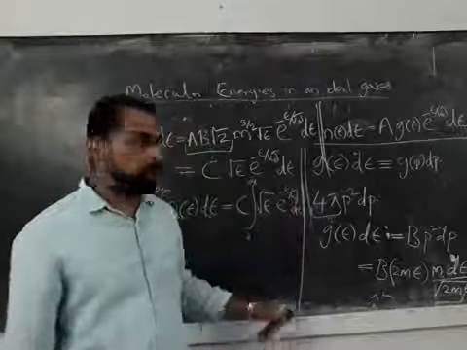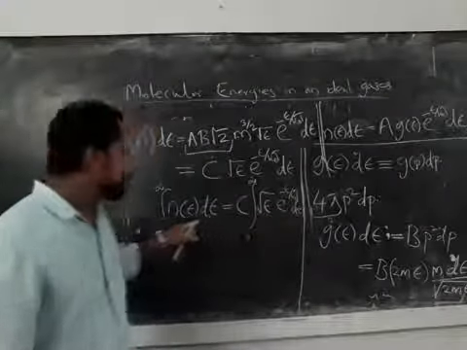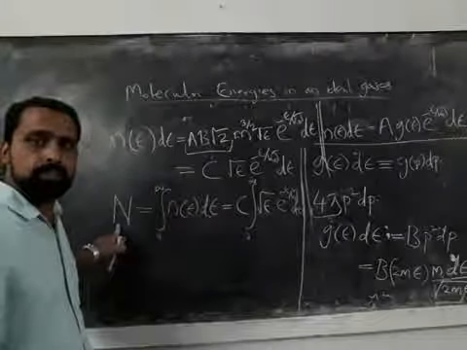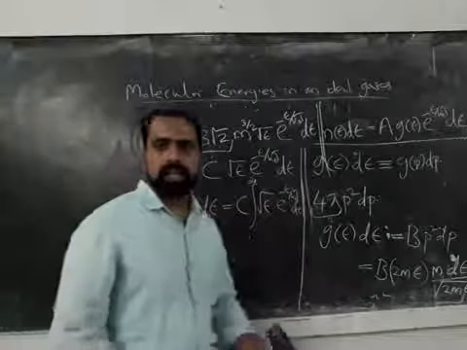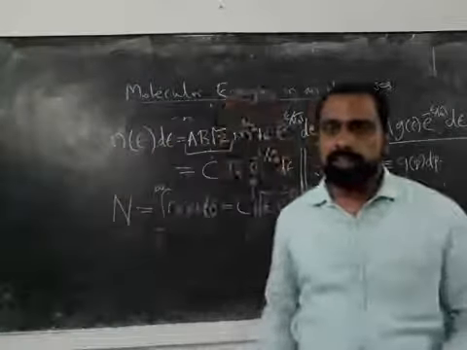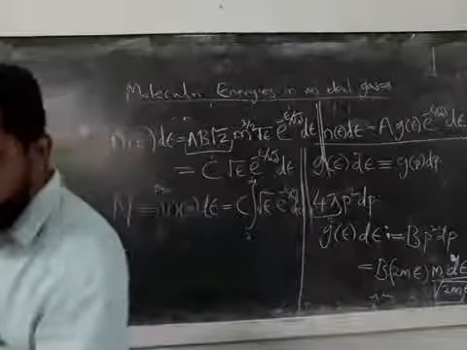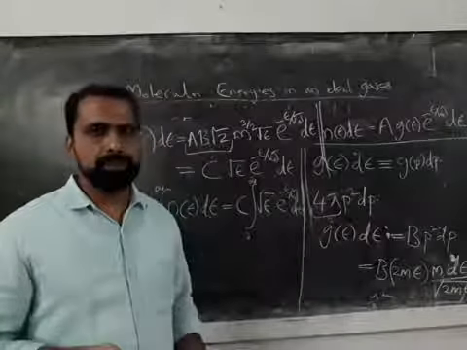If you know the integral of this, you will get the value of c, because N is the known total number of particles. Actually, integration of this is not that easy, but in mathematical physics, we study the gamma functions.